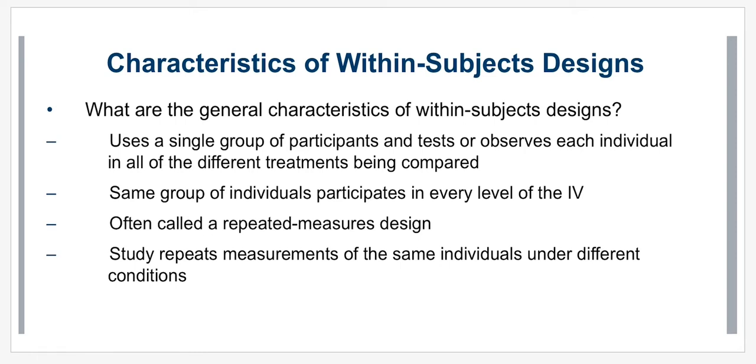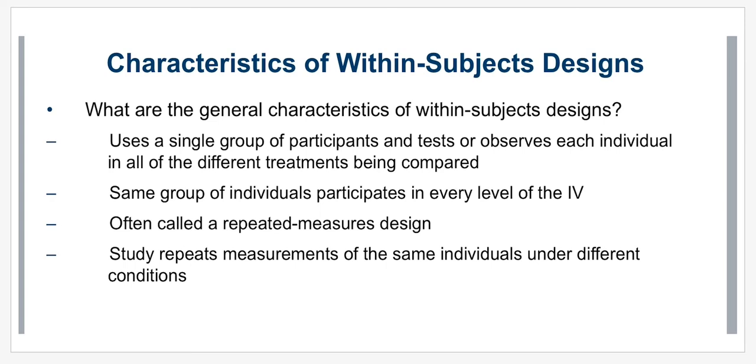So the treatment and the non-treatment, or the 2 different treatments or whatever, they would experience both conditions or both levels of the independent variable. And so you are getting multiple scores from the same people.